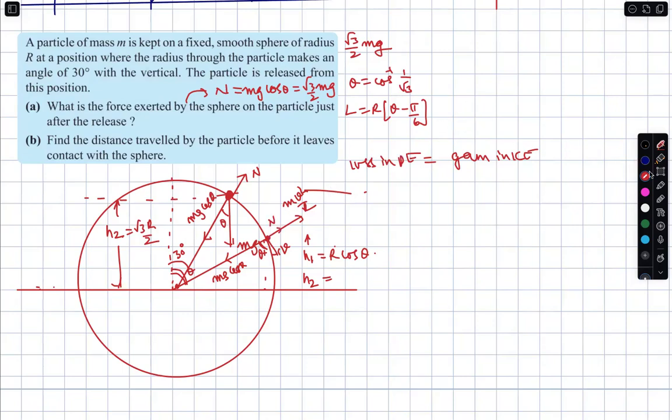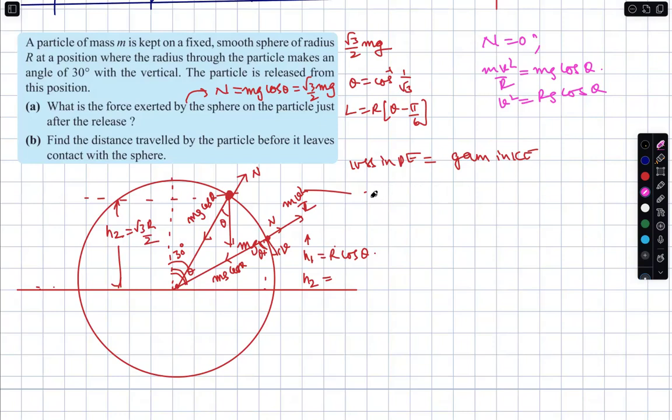So N is 0. The condition for normal reaction 0: mv square by r is equal to mg cos theta. And don't forget this, v square is rg cos theta. This is true almost for all the cases. Have you noticed that?